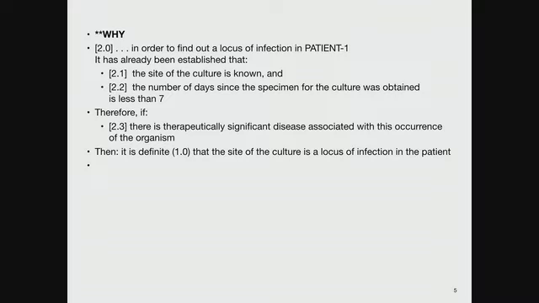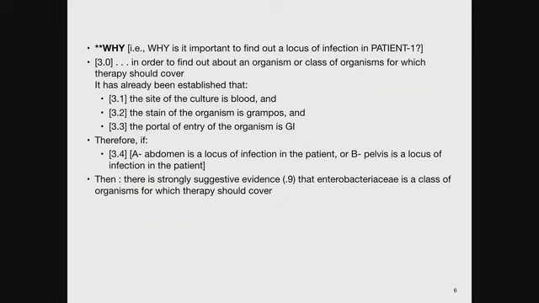Therefore, there's therapeutically significant disease associated with this occurrence of the organism. So there's some rule that says if you've got bugs and it happened within the last 7 days, the patient probably really does have an infection. I've got a lot of examples of this, but you can keep going. This is the 2-year-old: but why, Daddy? But why? But why?